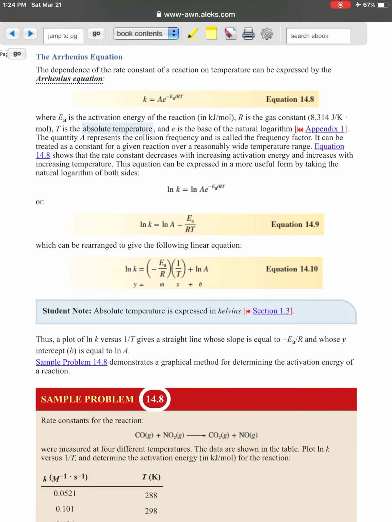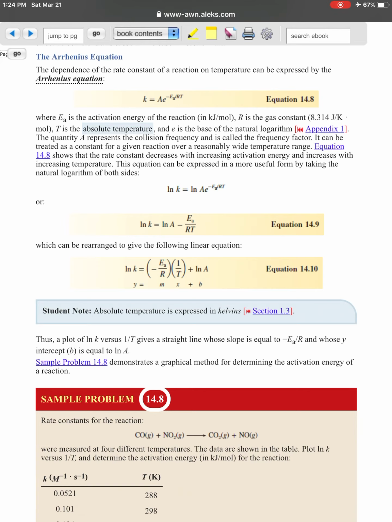This equation, equation 14.8, shows that the rate constant decreases with increasing activation energy. So it'll go slower if the activation energy is larger, and increases with increasing temperature, meaning it'll go faster at higher temperature. This equation can be expressed in a more useful form by taking the natural logarithm of both sides.